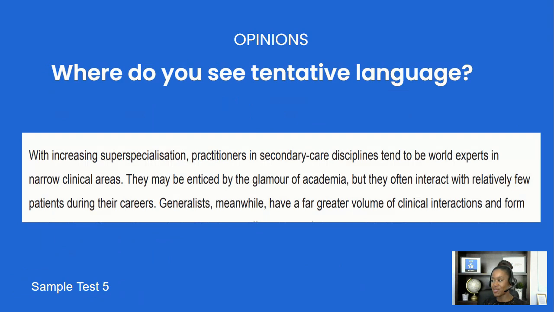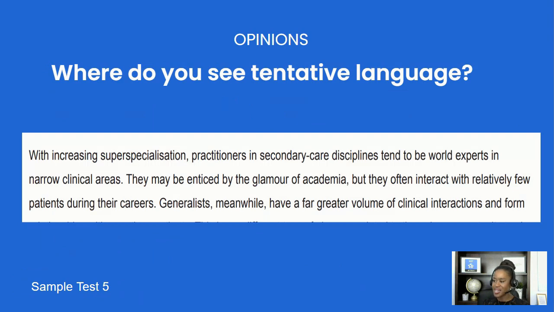Okay, let's try it out then. Where do you see tentative language being used here? I'll read this short extract to you from sample test 5. With increasing superspecialization, practitioners in secondary care disciplines tend to be world experts in narrow clinical areas.